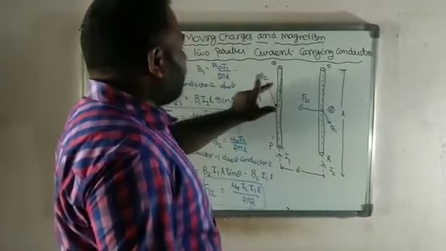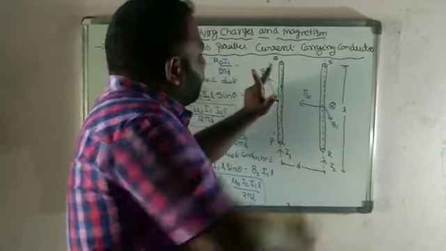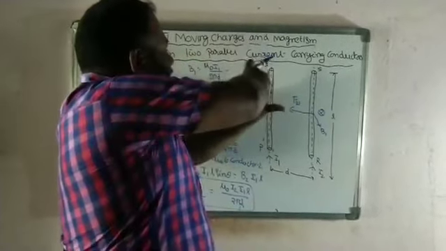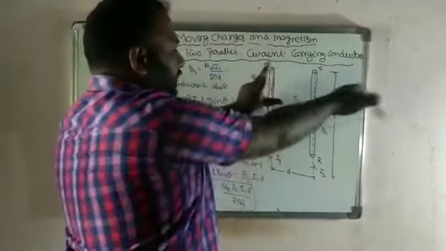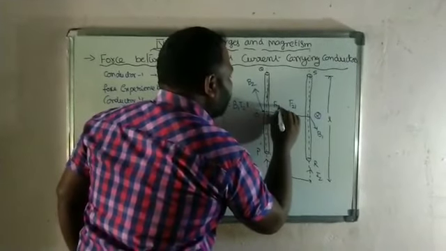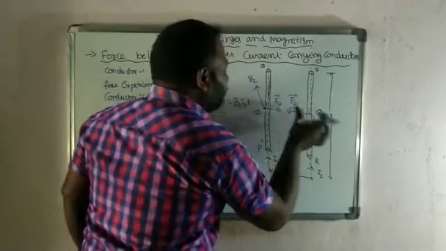When we observe like this, this is the direction of the current, and the field is in the outward direction. Now what is the force? Force is in this direction. This is F12 bar. This is F21 bar.